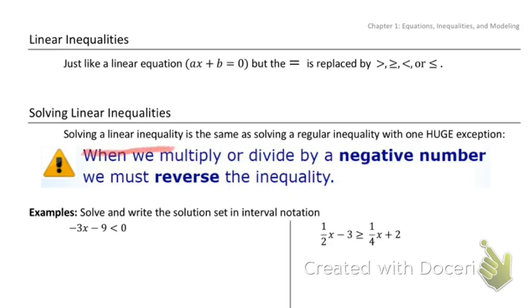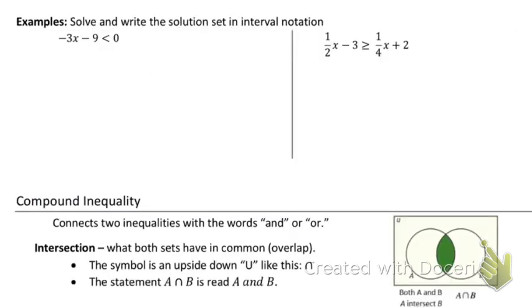It is when we multiply or divide by a negative number, we must reverse the inequality symbol. So whenever we're solving these, if I'm multiplying or dividing by that negative number, we need to flip the sign, which is exactly what we need to do in this first one, actually. So we're going to go ahead and solve this.